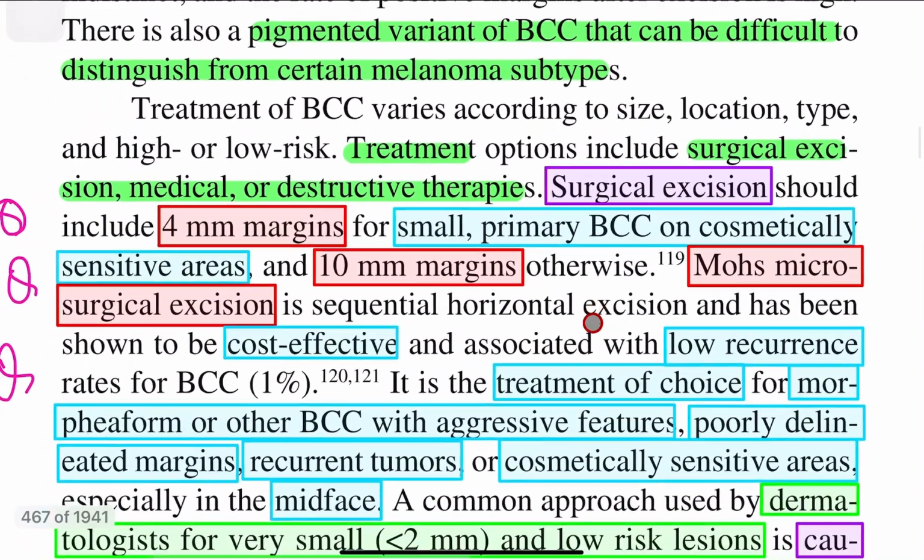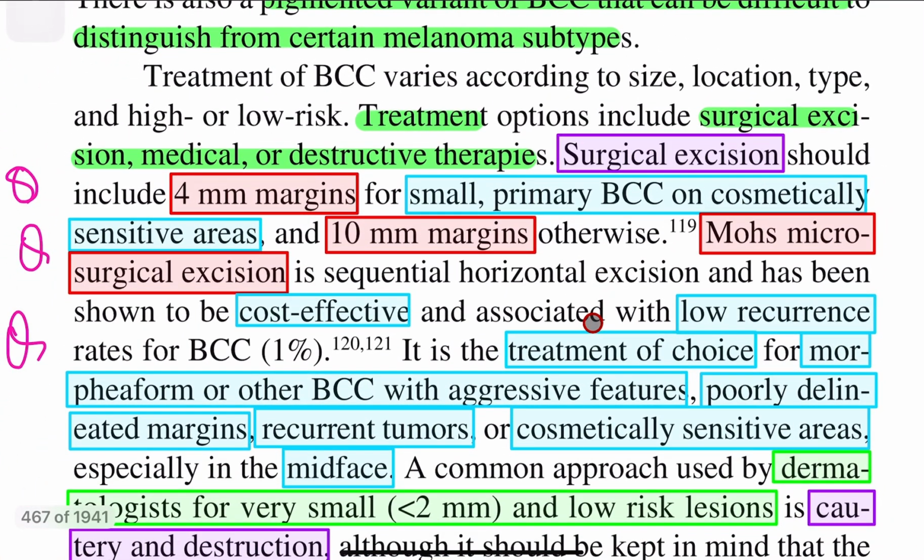So surgical excision: if small primary BCC on a cosmetically sensitive area, you have to take a margin of 4 mm, and otherwise it should be 10 mm. And you will do Mohs microscopic surgical excision. Remember that. Asked 1000 times, Mohs microscopic surgical excision.